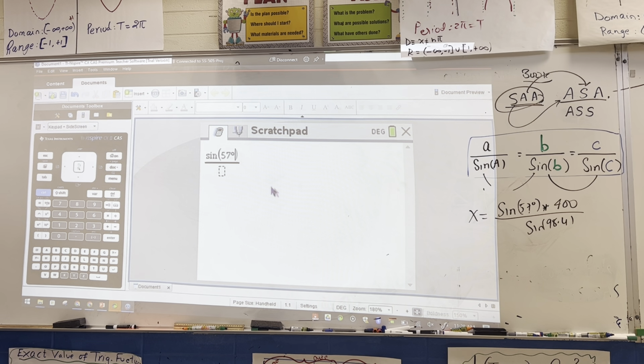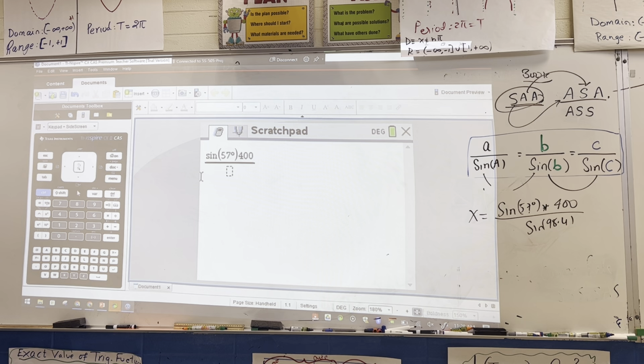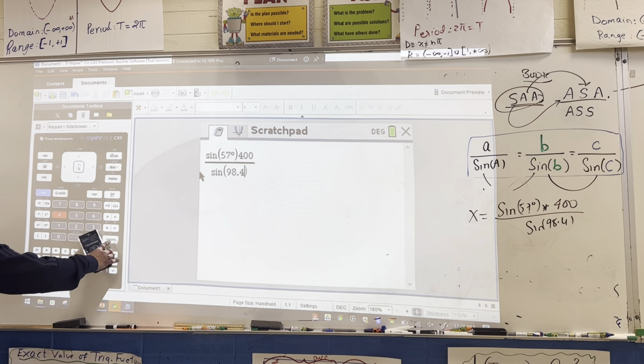Yes. And then we go click outside, right, and multiply by 400. So write 400. Then go down again, and again sine, and what is the angle this time? 98.4, right? And remember, don't press enter yet, you have to put it in degrees. Control and enter.